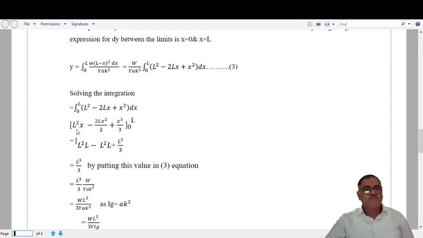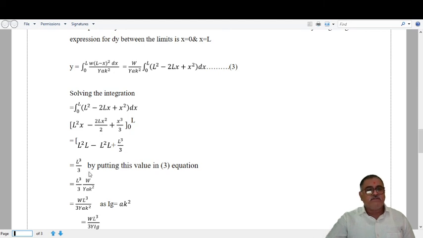Therefore this L square, we will substitute this x by upper limit L, minus L square, this x square means L square, this 2 will get cancelled, L square into L, plus L cube by 3.